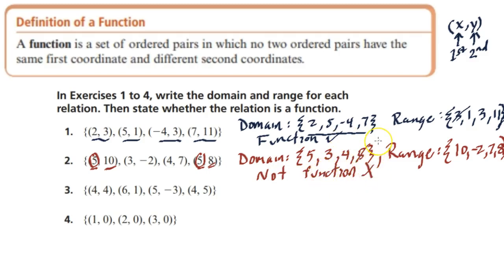Okay, not a function. Actually, let's just go ahead and do all of them. Let's go into this problem here. I'm going to let you do the domain and range; let's just focus on function.